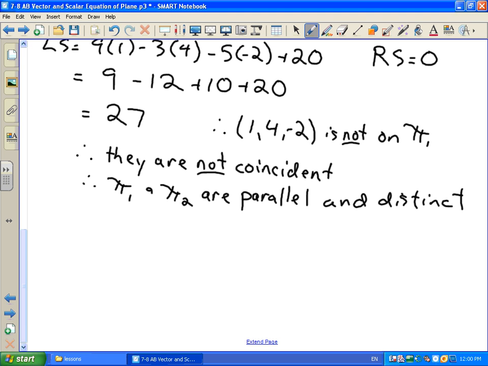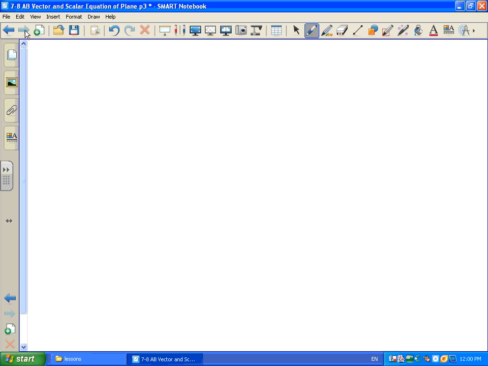So that's one way of doing this. Now, as an aside, if we had been given the two scalar equations, what would this question have looked like? Our scalar equation for plane 1 was 9x minus 3y minus 5z plus 20 equals 0.